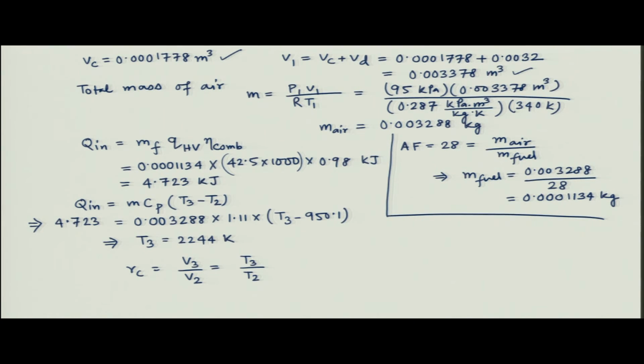Pressure is basically constant between 2 and 3. T3 is 2244 and T2 is 950.1, so the ratio comes out as 2.362. That is the cut-off ratio, which is one of the questions, and we have also solved the final temperature after the heat addition process. So, the first part is done.